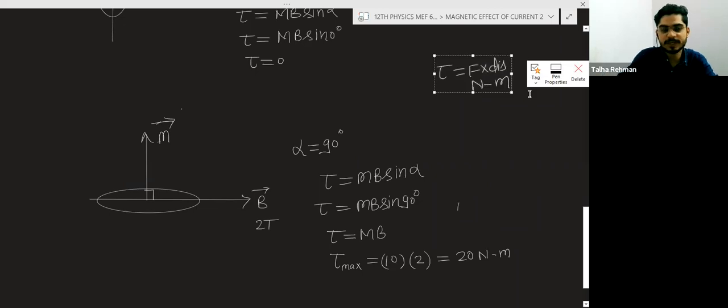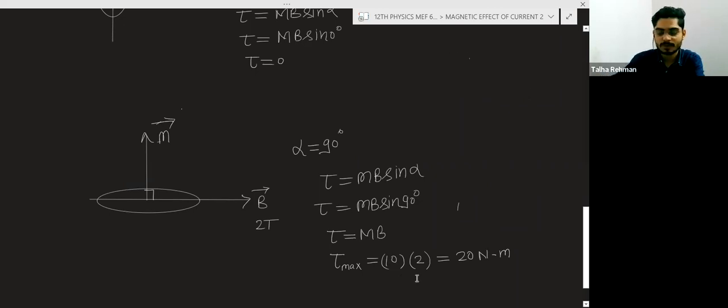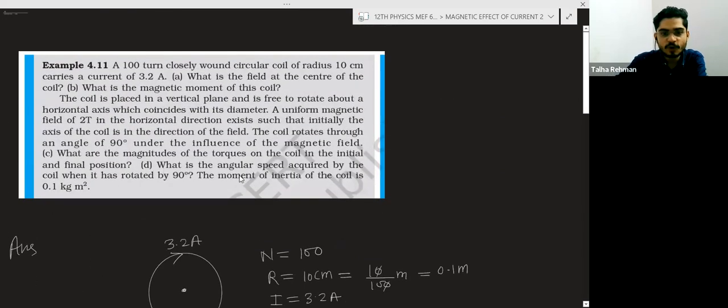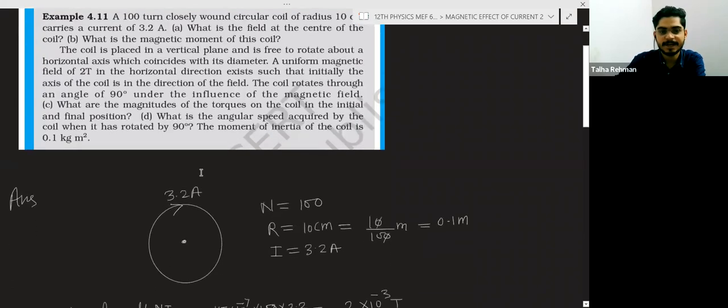So we calculated the torque when you have rotated the coil 90 degree. Now what they are asking in the D part, they are asking what is the angular speed acquired by the coil when it is rotated by 90 degree. Moment of inertia is given as 0.1 kg meter square.